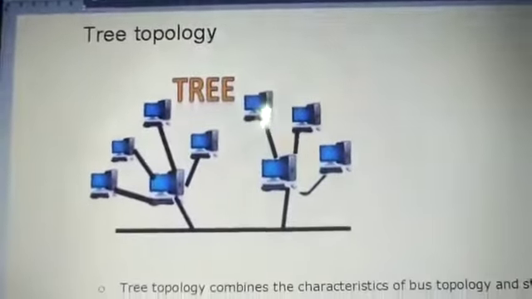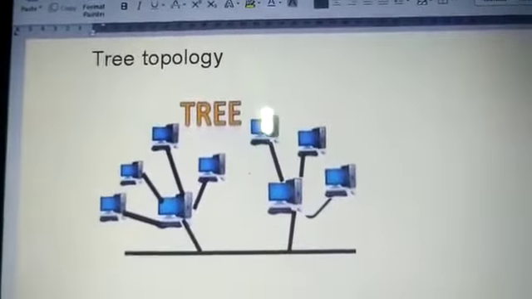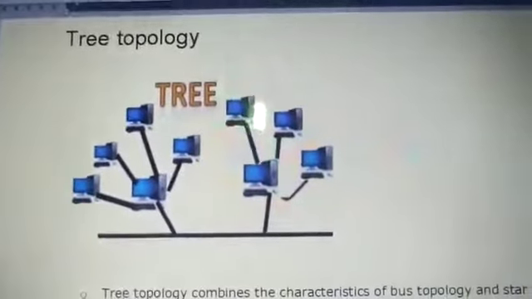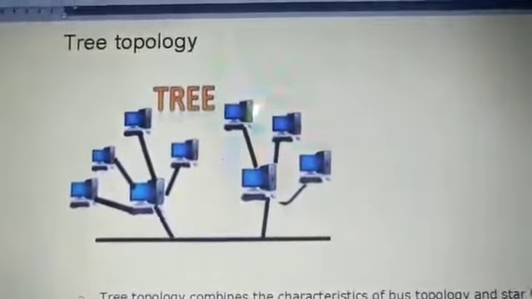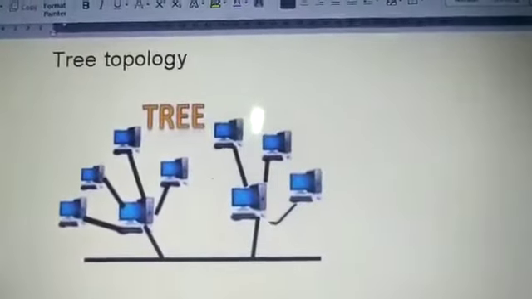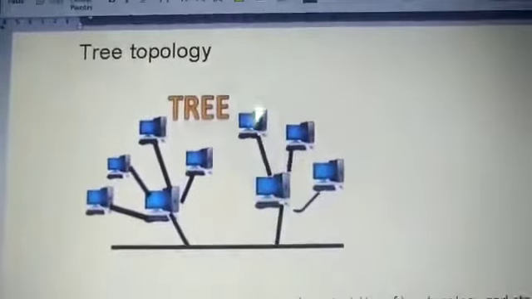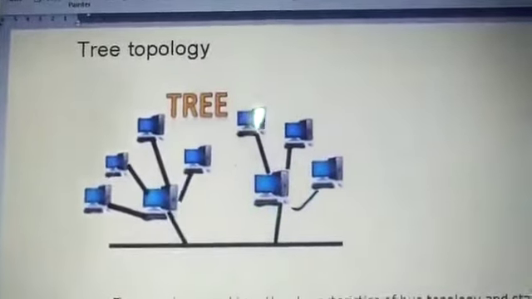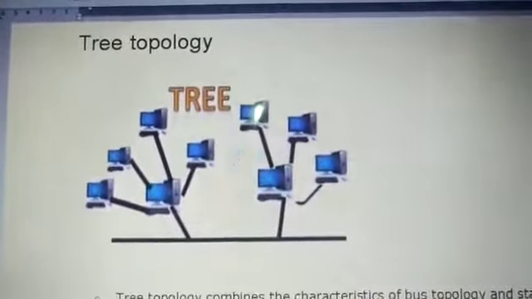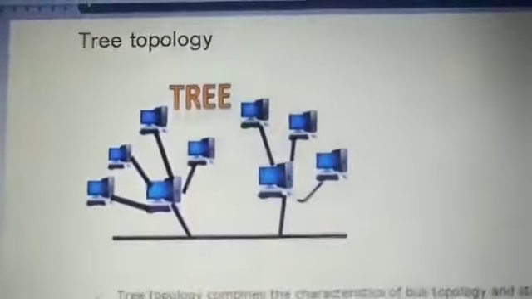So there are many hubs, so that's why the concept of active hub comes into the picture. So what is that? The central hub in the tree is an active hub. It contains a repeater, which is the hardware device that regenerates the received bit pattern before sending them.